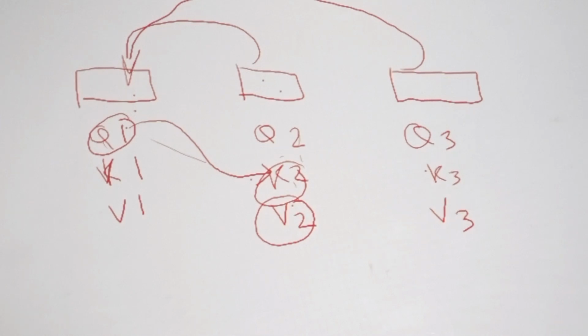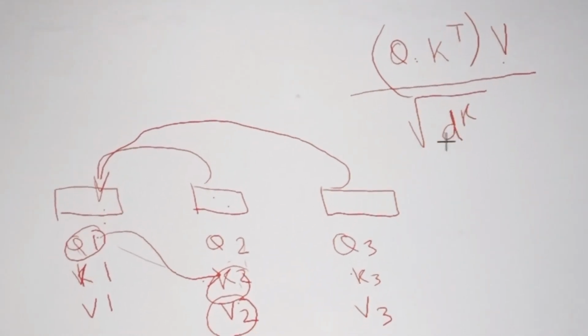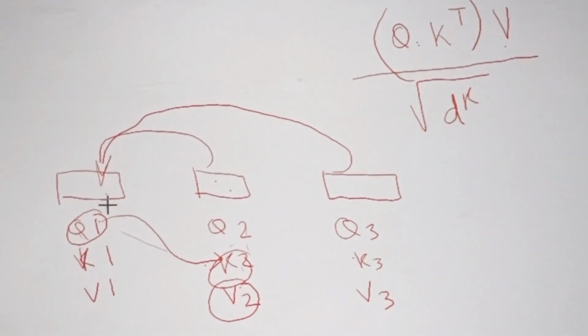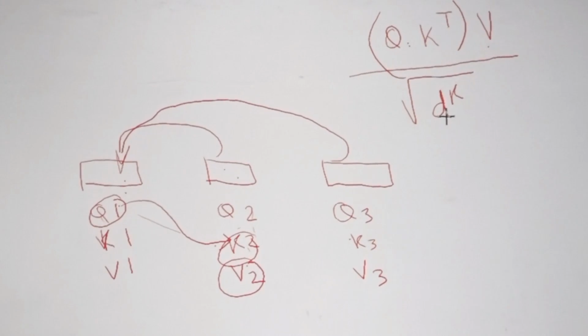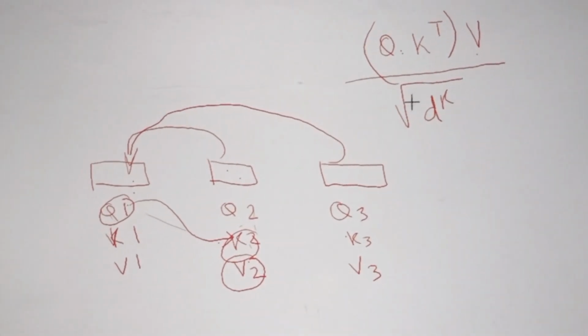So, the equation they use is softmax of Q times K transpose, divided by the square root of dk, multiplied by V. Here dk is the dimension of all these vectors; they are the same size. In our case for GPT-3 it is 12,288, and you take the square root of that.